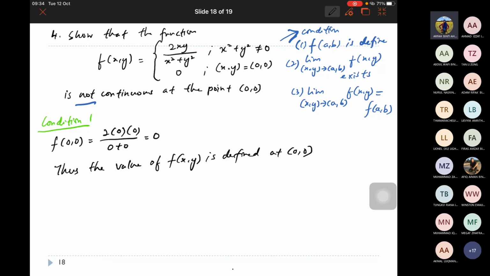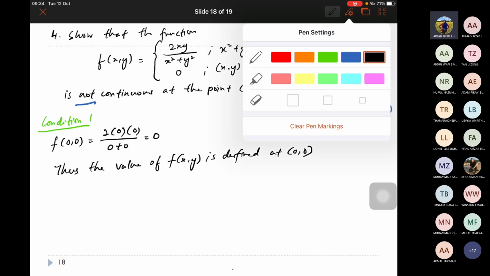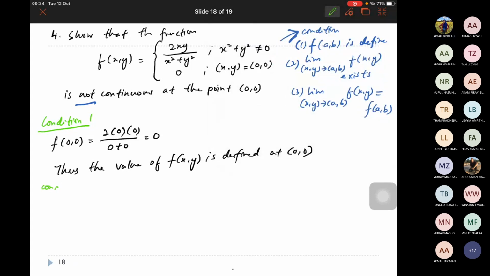Okay, done. So condition 2 fulfill or not? Is condition 2 fulfill or not? So condition 2, you have to answer the question.